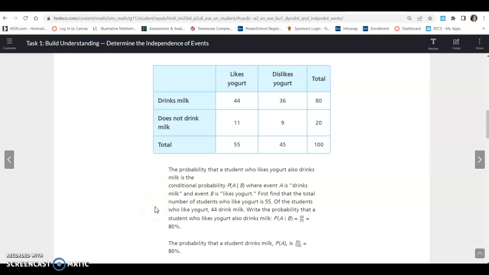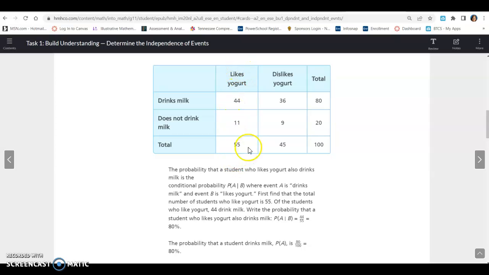The probability that a student who likes yogurt also drinks milk is the conditional probability P of A given B, where event A is drinks milk and event B is likes yogurt. First, find that the total number of students who like yogurt is 55.